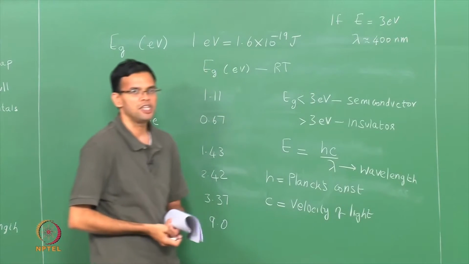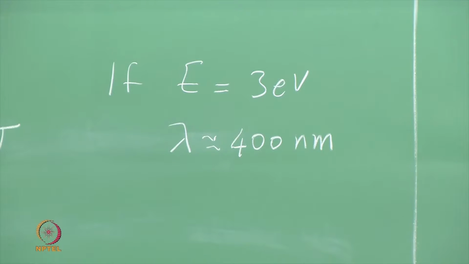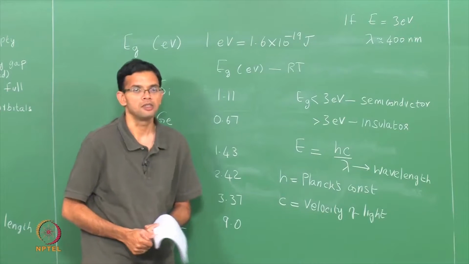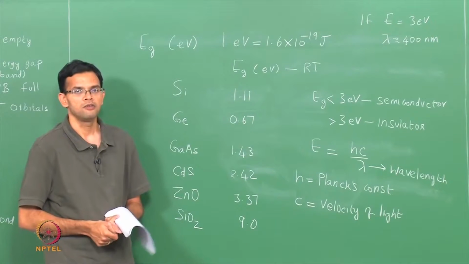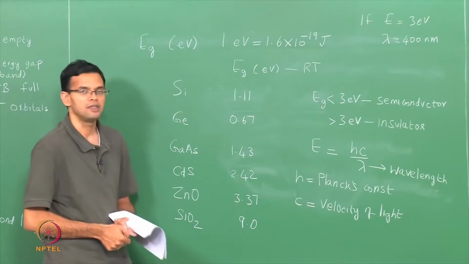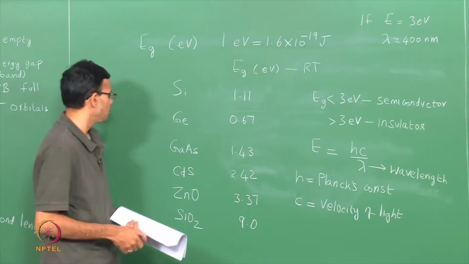So, any energy greater than 3 electron volts puts you in the ultraviolet region, energy less than 3 electron volts puts you in the visible region. So, this is used as a sort of marker for differentiating semiconductors and insulators, but as I mentioned earlier, it is not very strict.